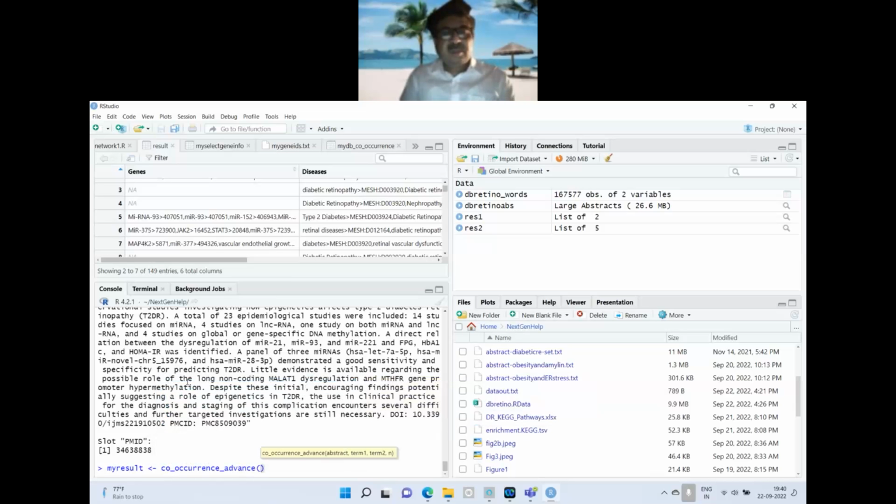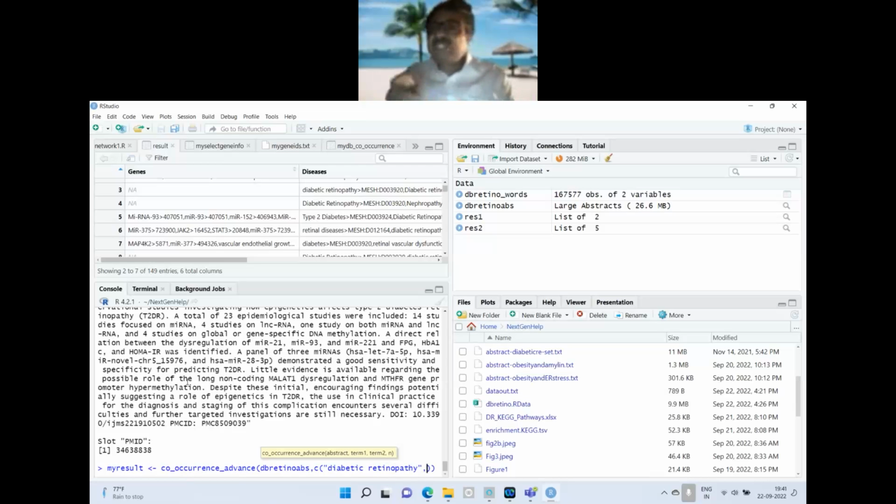And you can see we have to give the abstract first, so DB retino ABS, and then the term 1 is, let us say, the disease itself, and that can be given as diabetic retinopathy.